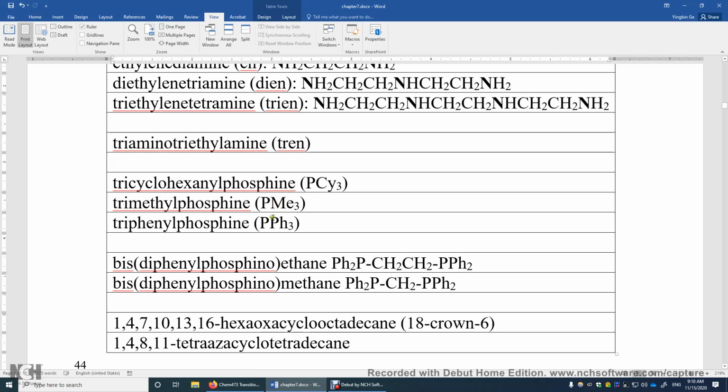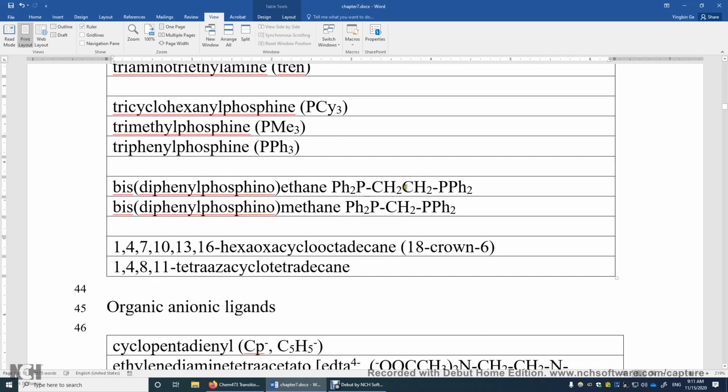Again, these are actually substituted phosphanes, but the older names are just substituted phosphine. So we're going to use the old names. PCy3, tricyclohexylphosphine, trimethylphosphine, triphenylphosphine.